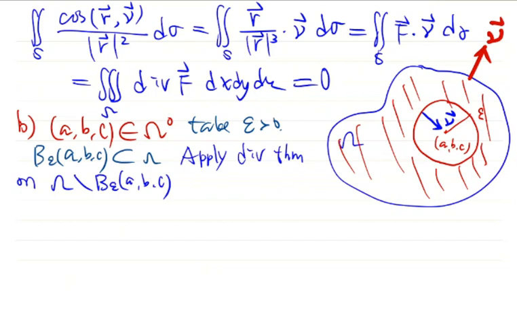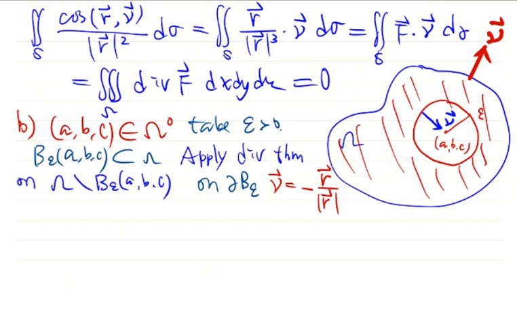Okay, so we see that on this ball, on this sphere, our unit normal vector is R divided by the norm of R, pointing outwards, a unit vector.